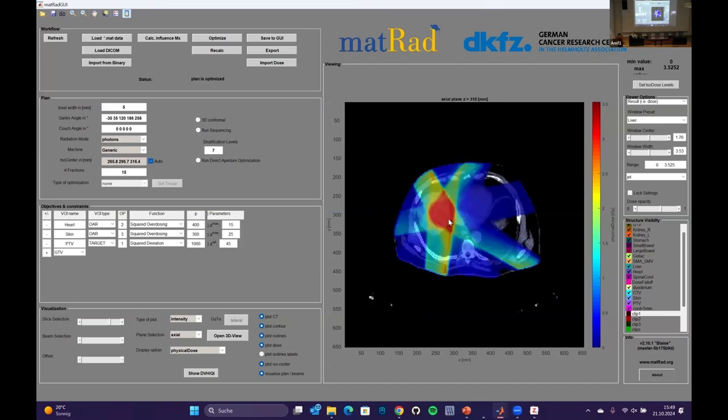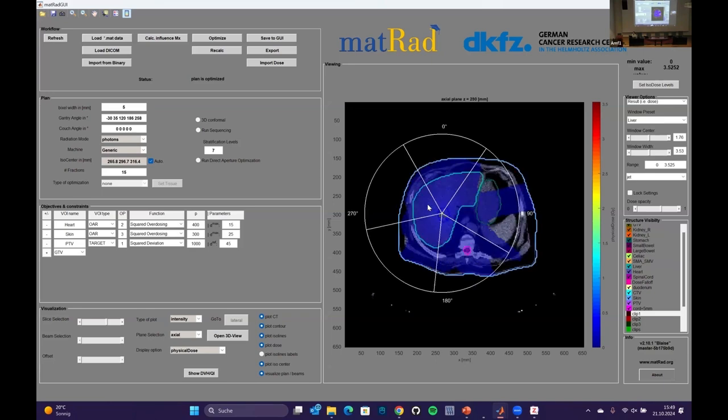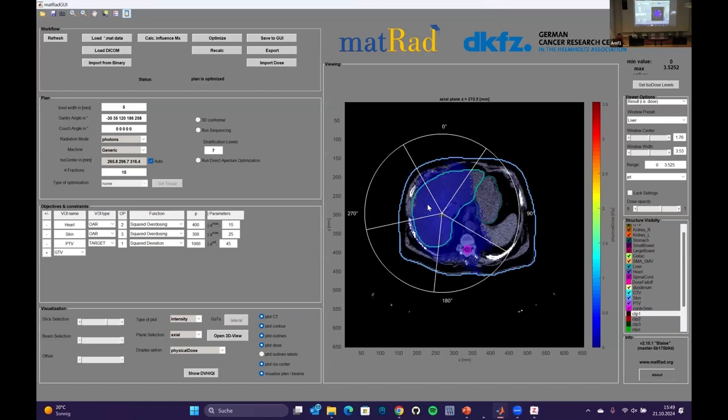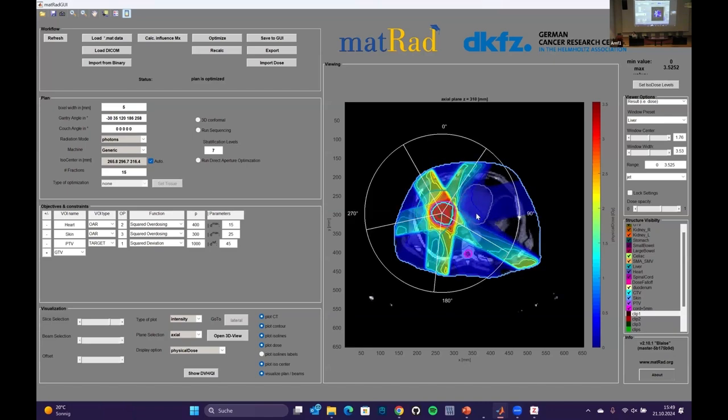You have, of course, the liver, which is a kind of parallel organ. It doesn't lose function when something in it is damaged. I think your goal is to avoid just a general dose bath, so for now we could ignore this in this educational setting. But the dominating organs are definitely in this region.